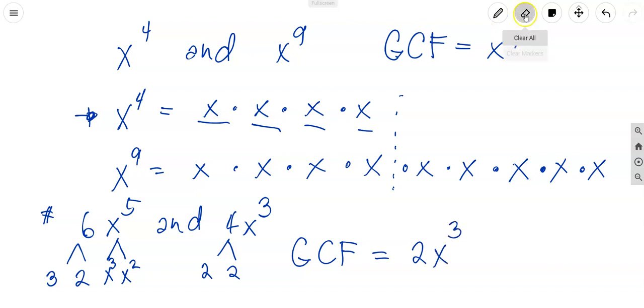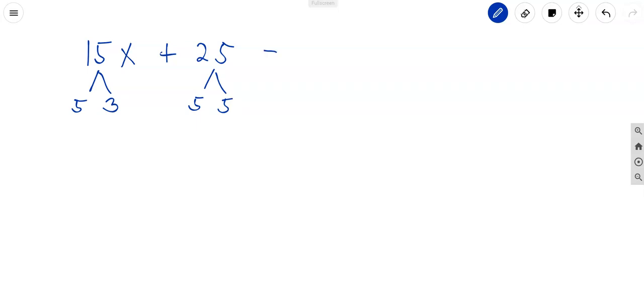Okay, let's try more examples. For example, we have 15x plus 25. What is the common factor now? From here, we will have 5 times 3, and then this one we will have 5 times 5. So the common factor of this one is equal to 5.